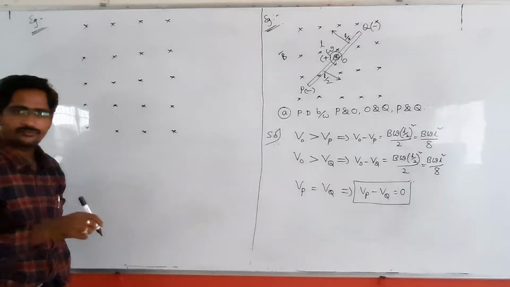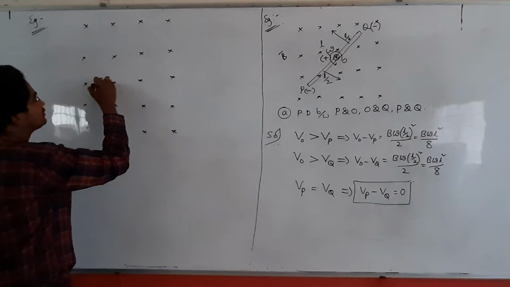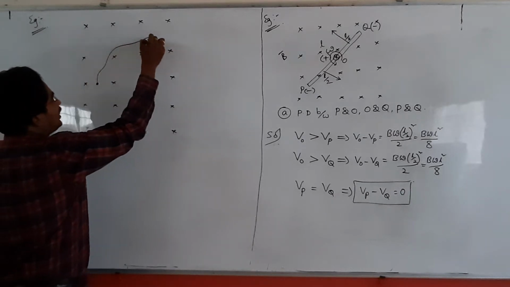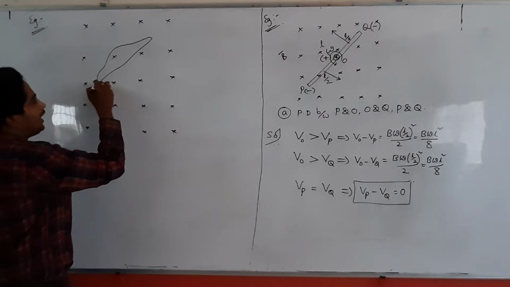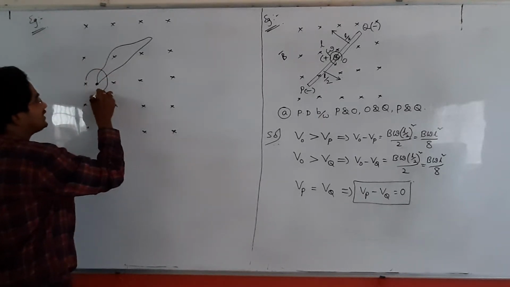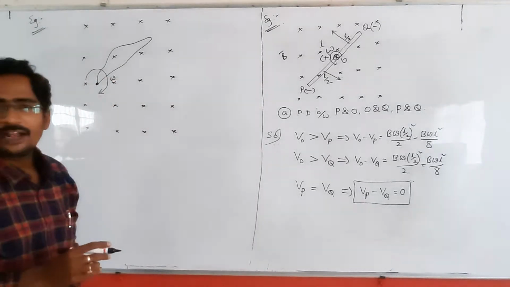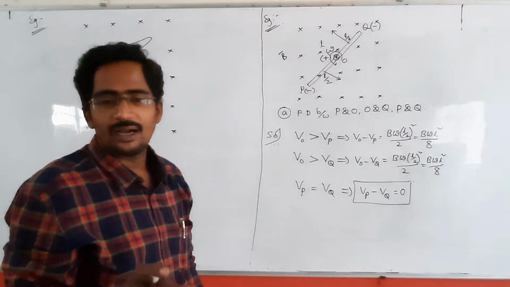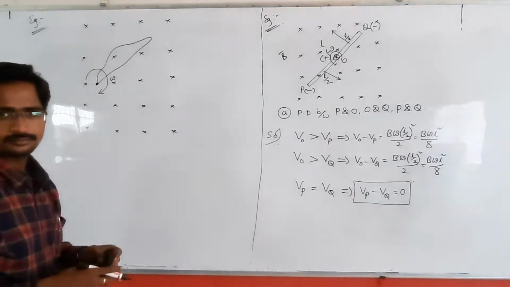In this magnetic field, a closed wire has been placed, and it is rotating about this axis with angular velocity omega. Then what is the induced EMF across this?